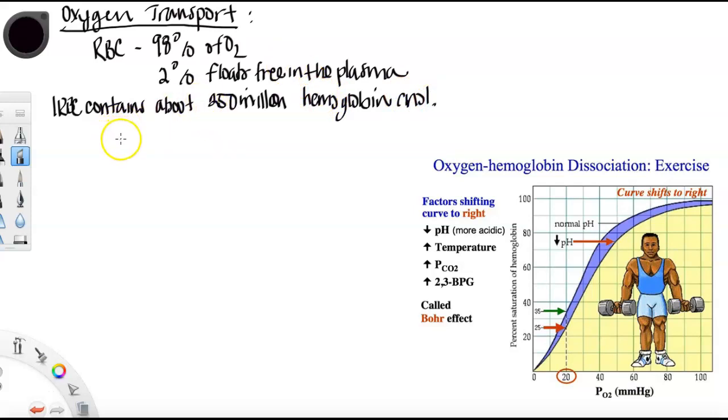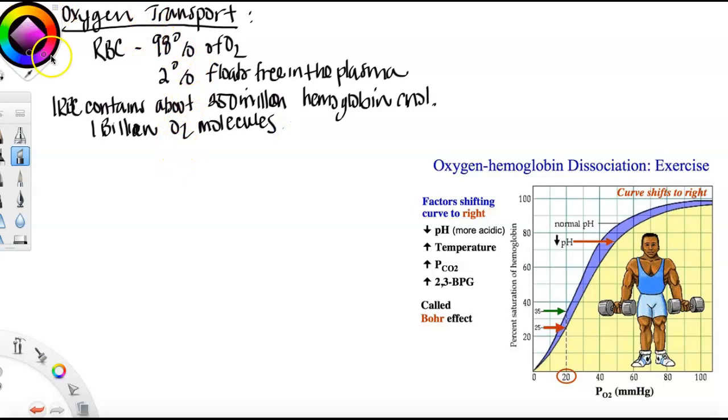If the hemoglobin is saturated with oxygen, one hemoglobin holds 4 oxygens. So if the hemoglobin in a red blood cell is saturated, it can carry 1 billion oxygen molecules. That's a lot in one red blood cell.